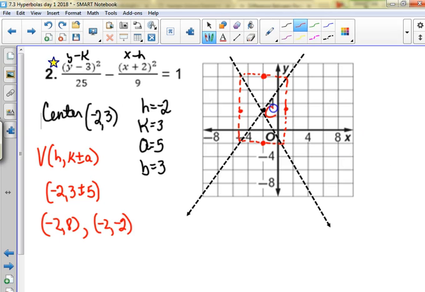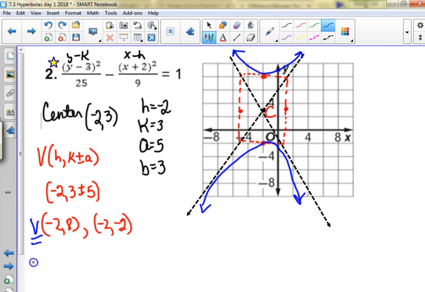At the center here. Okay. And then the actual hyperbolas, where am I going to draw? Top and bottom, right? Because the y was first, so up here, and down here. All right. So vertices I have.